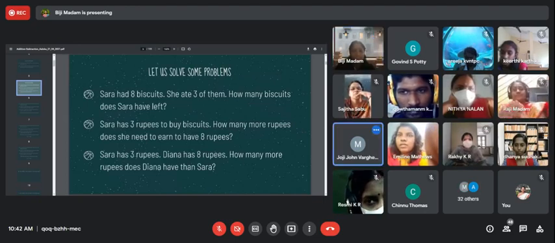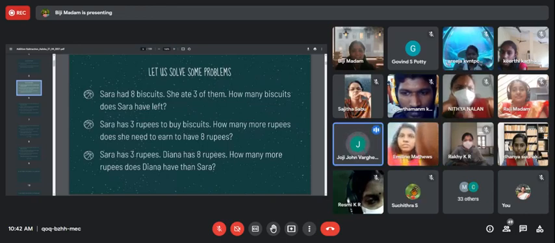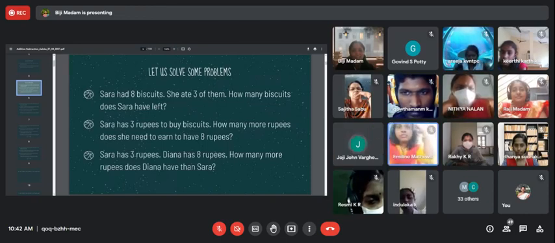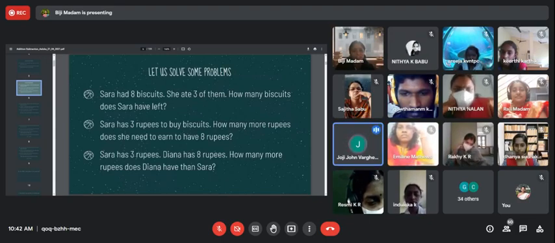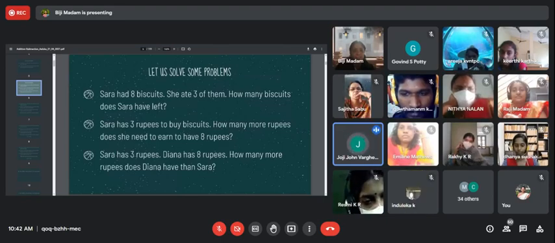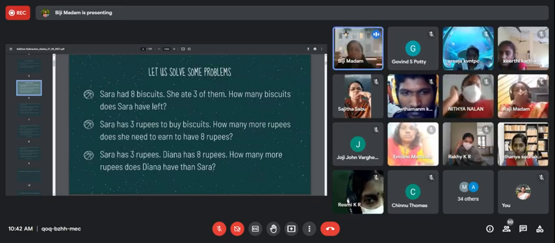Okay. The third question, Sarah has 3 rupees, Diana has 8 rupees. How many more rupees does Diana have than Sarah? So we have to subtract 3 from 8, so that we find the difference. So we can say that in all the cases it is 8 minus 3 is equal to 5.